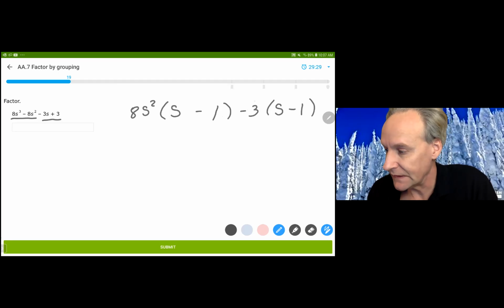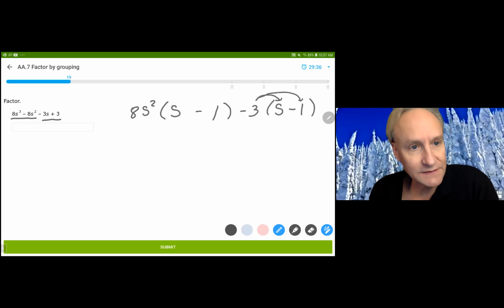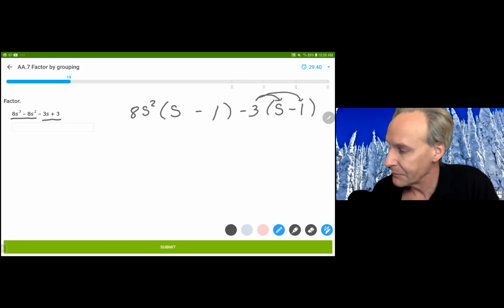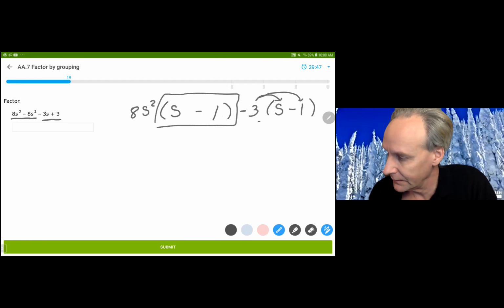I want you to notice that negative 3 times s is negative 3s, and negative 3 times negative 1 is positive 3, sorry. And there it is. So now I'm going to take the s minus 1 out. That's my common factor.